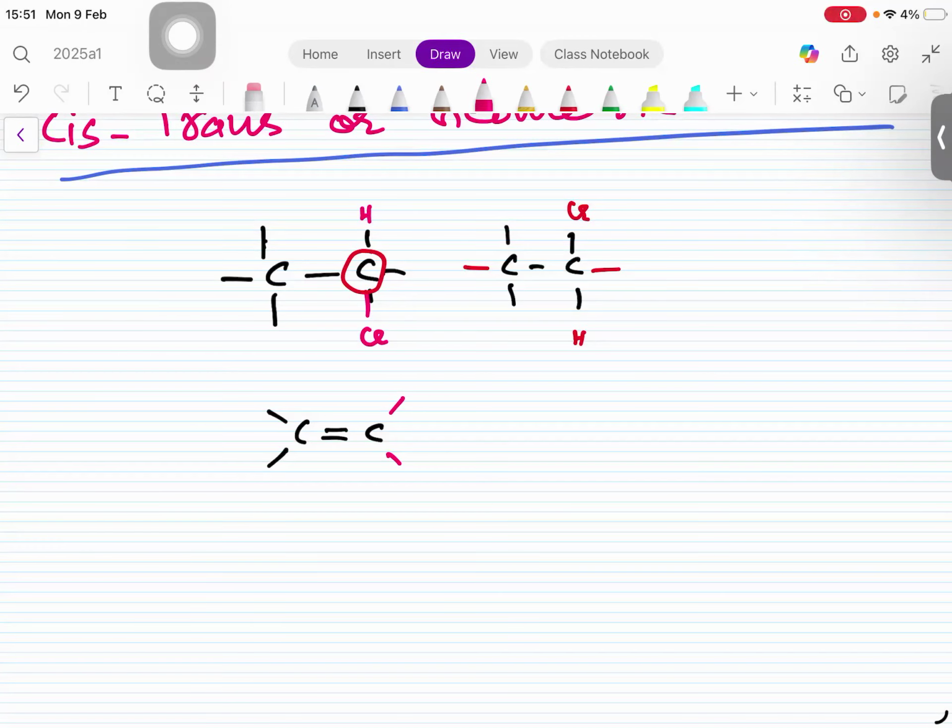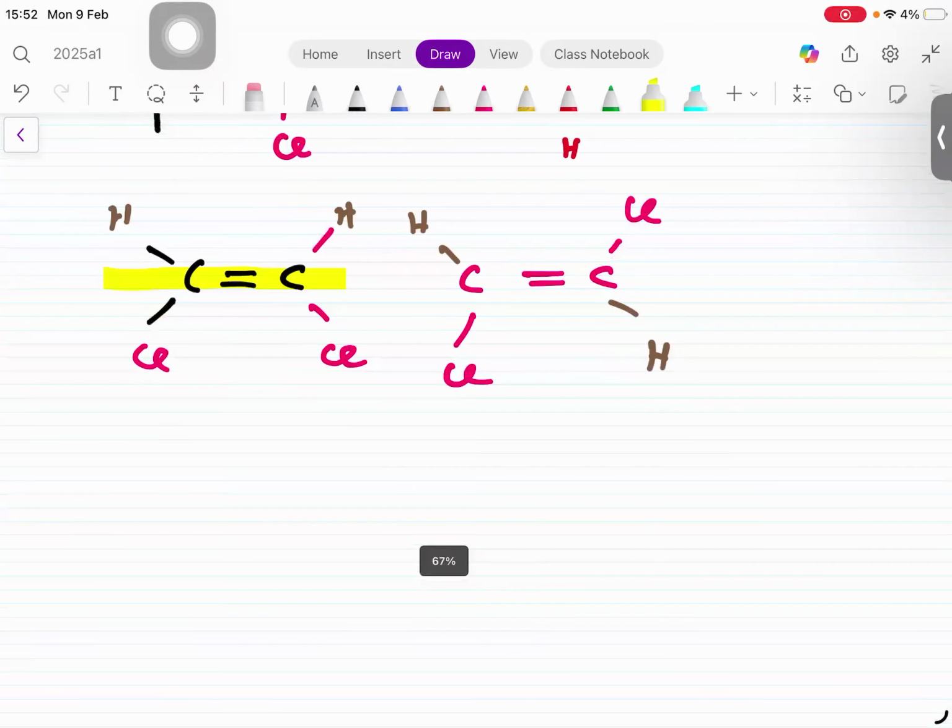Right? And for example, these two chlorines are on the same side of the double bond, and on the other side, these chlorines are on the opposite side of the double bond. So you see there is a difference now. As this carbon has restricted the free rotation because of the double bond, it cannot switch.